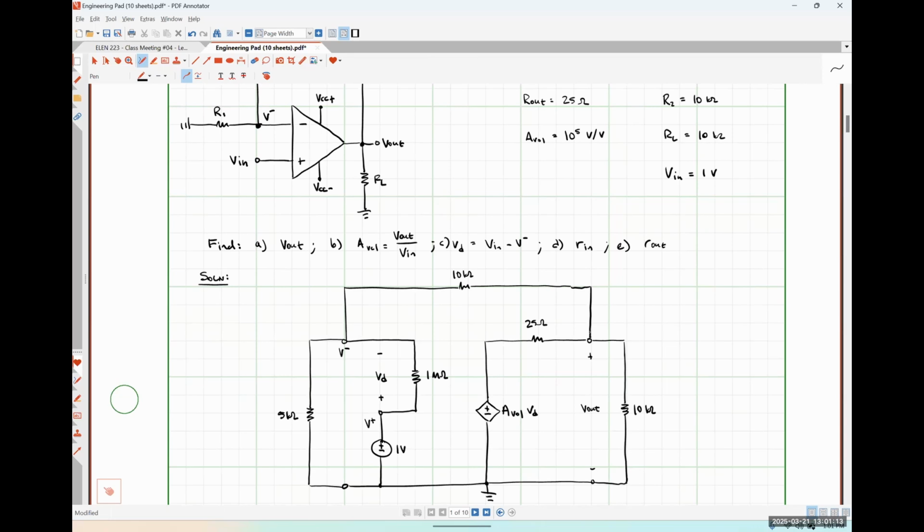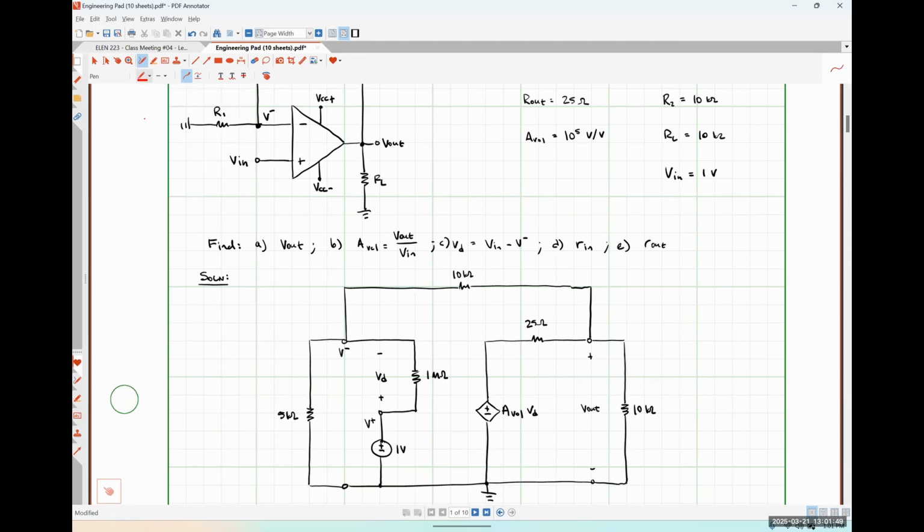And what I'm going to do to solve this guy for at least these first 3 parameters is essentially just nodal analysis, okay? So I've got several nodes in this circuit, but realistically, only 2 of them are fully unknown quantities at present, right? So I hope pretty obviously, the voltage at the non-inverting input node is just 1 volt. The voltage at the inverting input node is an unknown quantity.